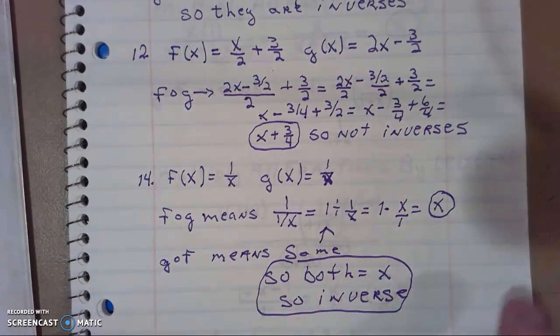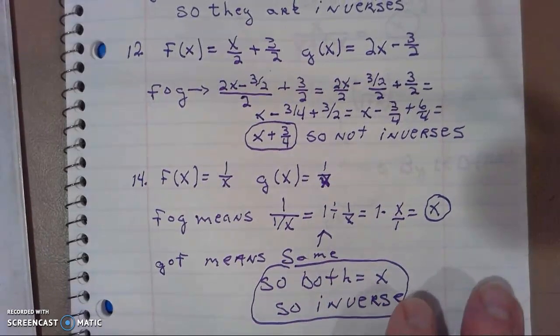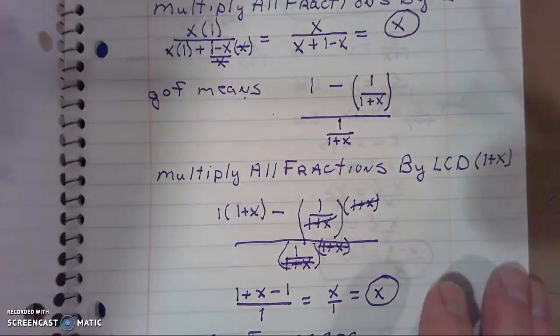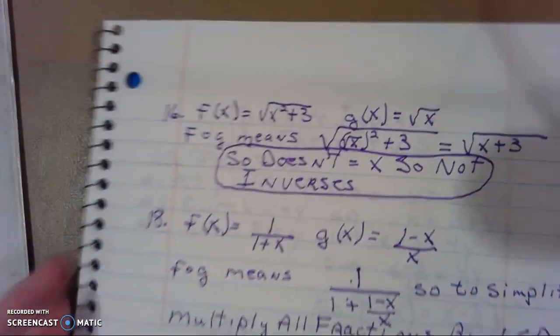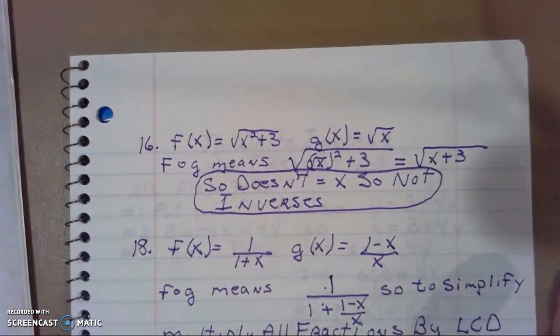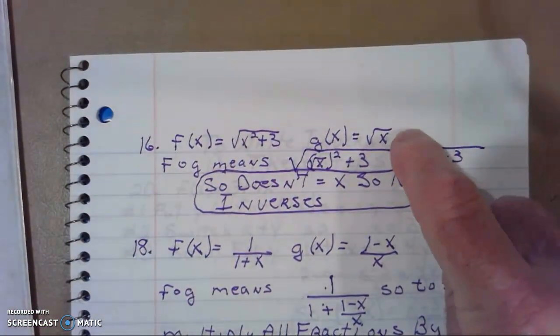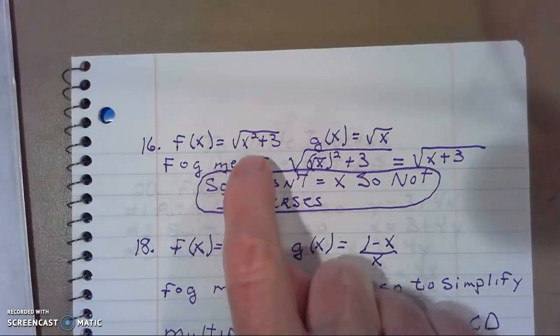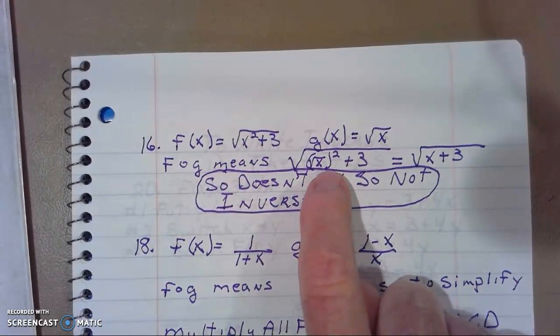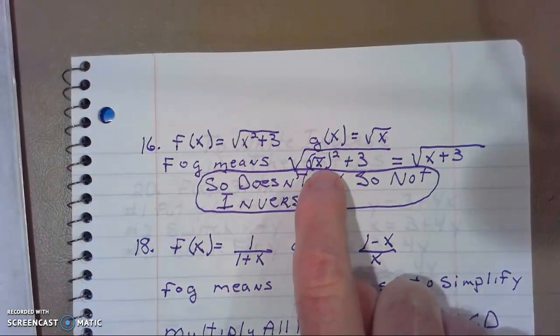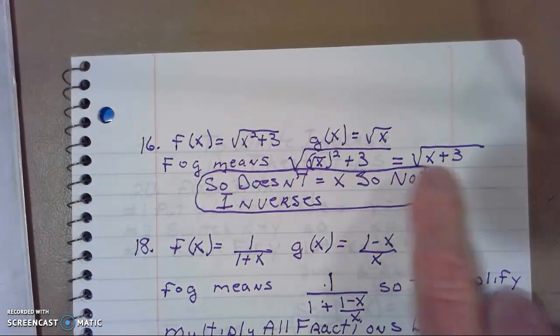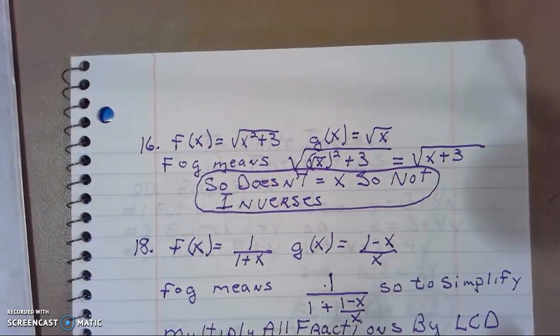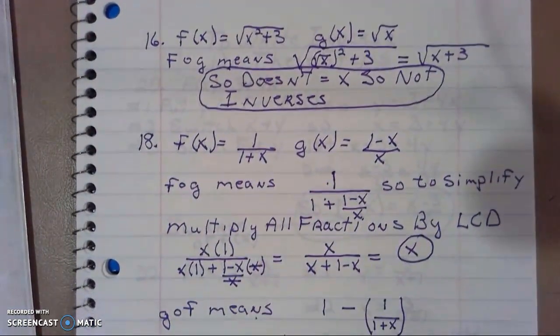And the other one would be exactly the same, so they both came out to x, so they're inverses. Number 16, I take my g, square root of x, and put it in for the x over here, and then square it. Square root of x squared is x, period, plus 3. Did not come out to x, so they are not inverses of each other.